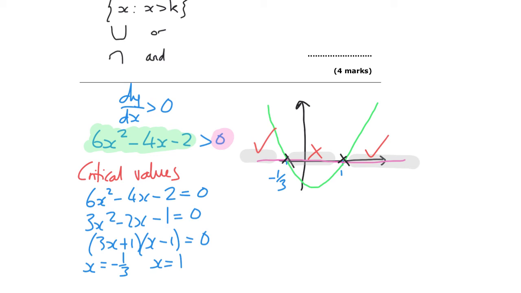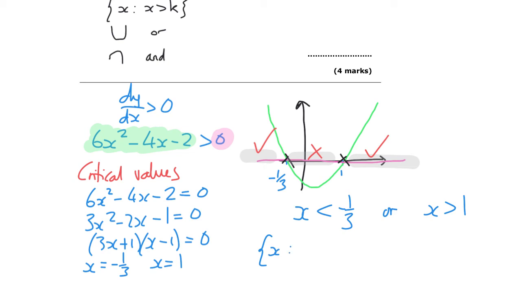So there's two sections I want. I want the section where x is less than minus a third, or I want the section where x is bigger than 1. So that's how I'd write it using inequalities. To turn it into set notation, I have my curly brackets. I tell my curly brackets what my variable is.